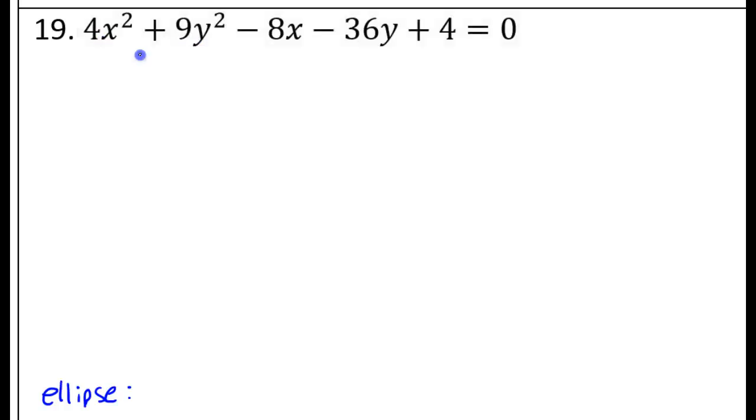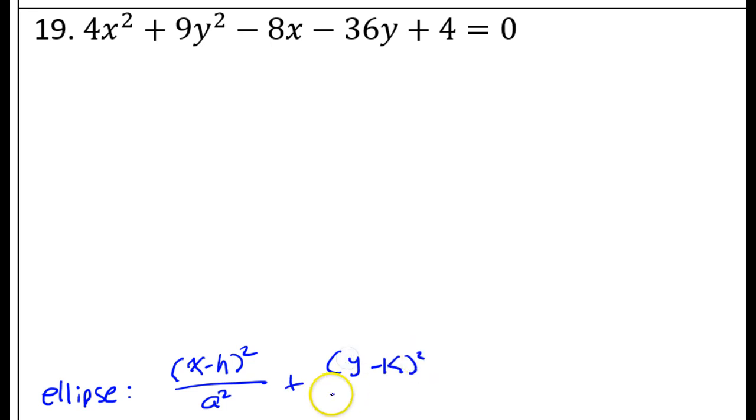So it's an ellipse. So the model is going to be one of these type deals, x minus h squared over, let's say, a squared plus y minus k squared over b squared is equal to 1. This is the general form of it.